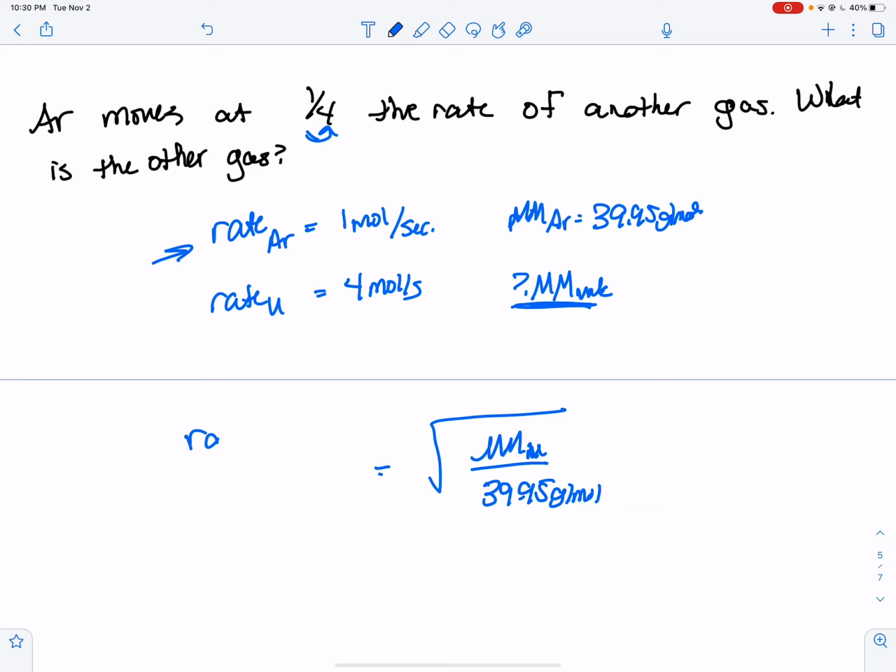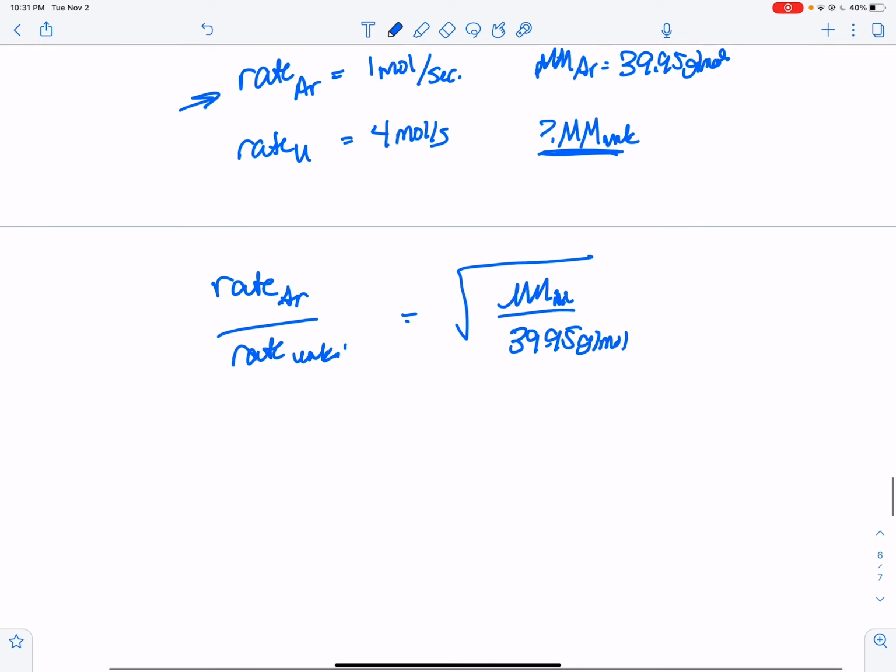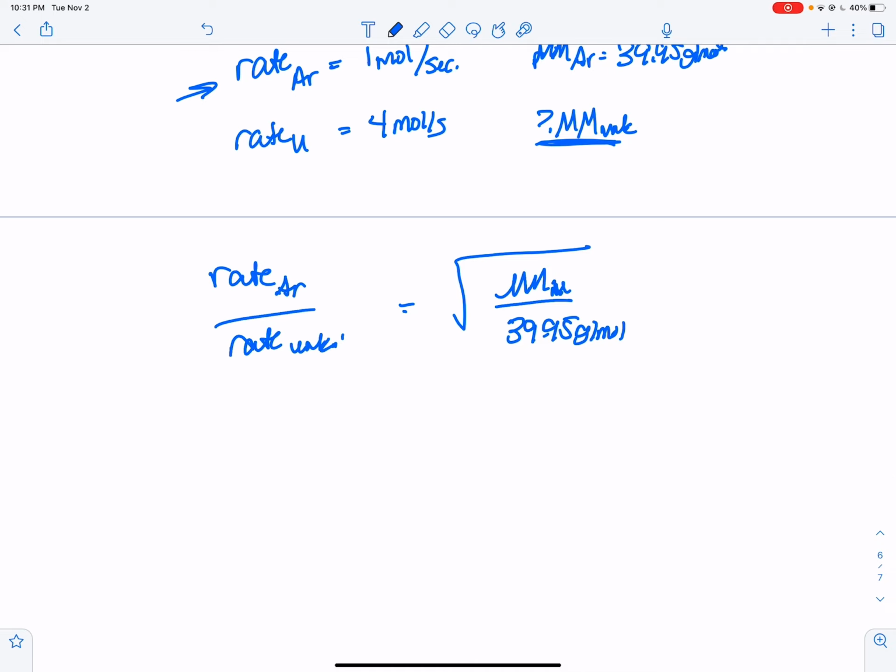And then when we're doing it this way, that means that this has to be the rate of argon, and this has to be the rate of the unknown. So then we can say 1 over 4 equals the square root of the unknown over 39.95. Now you need to square both sides because we can't deal with an unknown inside of a square root.